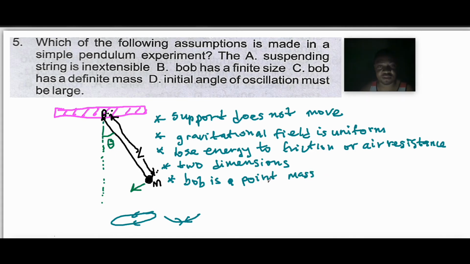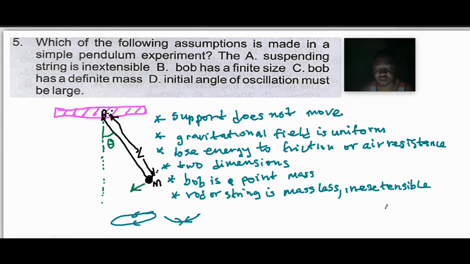All right. Then the last assumption, which is exactly what we are really interested in, is that the rod or string that the mass is attached to is massless, that is weightless, and inextensible, meaning it cannot be stretched, or it's unable to be stretched or drawn out of length.